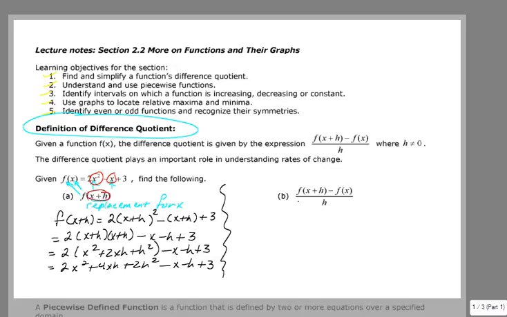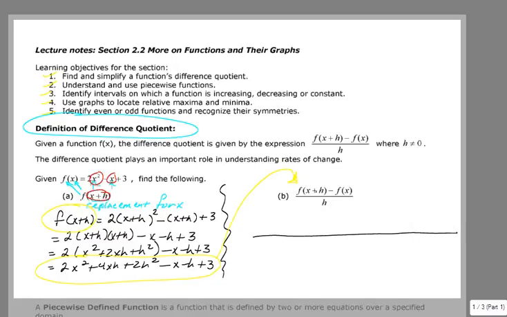Notice, to calculate a difference quotient, we need to use what we just calculated over here, the f of x plus h. So all we have to do is take our result that we obtained on this bottom end and put it right there in that position. So it's nice to kind of come on the side and make that calculation. So f of x plus h minus f of x will set up to look like this.